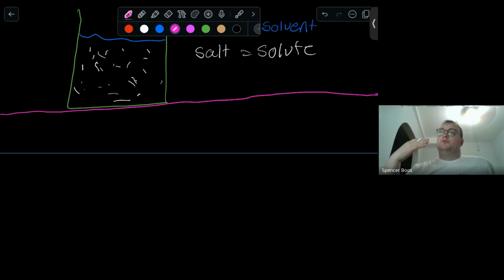You can take a look at the graph and see how much salt I can dissolve into this many grams of water. If I put this much in, it'll be unsaturated. If I put this much in, it'll be saturated. And if I put this much in and then cool it down, it's supersaturated and concentrated, and the salt's acting as a strong electrolyte. That's really the extent of that question, if there would be one like that on the exam.